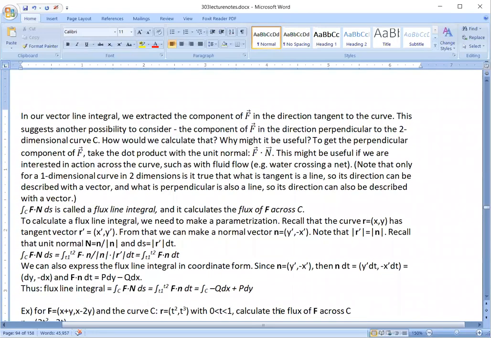So for this vector field, f equals x plus y, comma, x minus 2y, and this curve, r equals t squared, t cubed, t goes from 0 to 1, calculate the flux of f across C. So what do we need to do? We need to make our parameterizations.